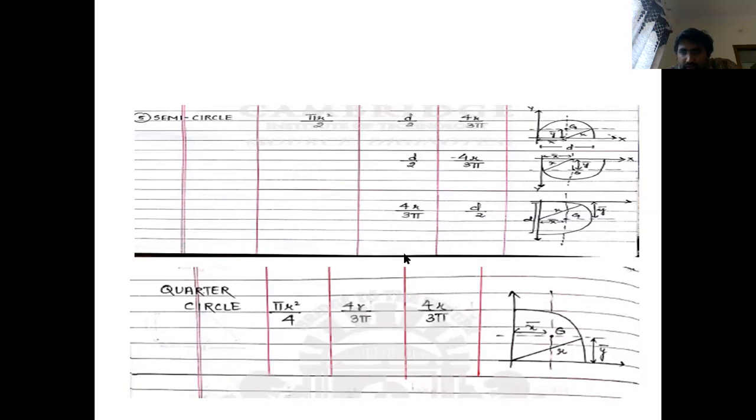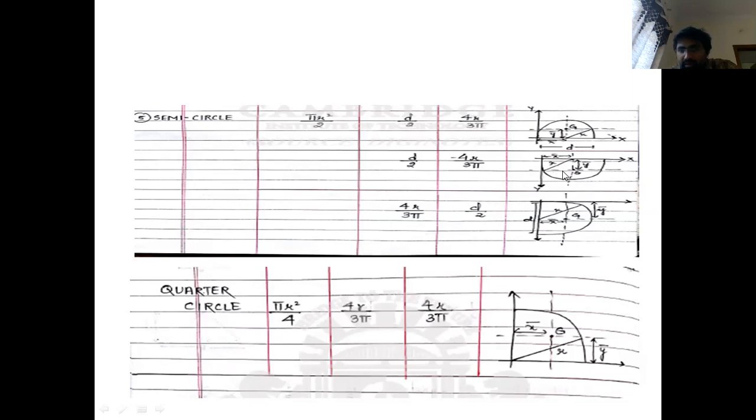In the fourth quadrant, my x distances will be positive and my y distances will be negative. If you cut this circle with reference to the vertical axis, you will get an exact equal replica here. So that will be your x bar distance, positive d by 2. But what about your y bar distance?